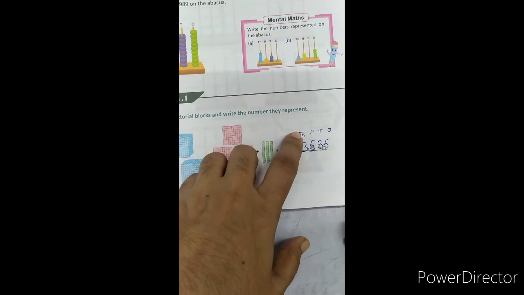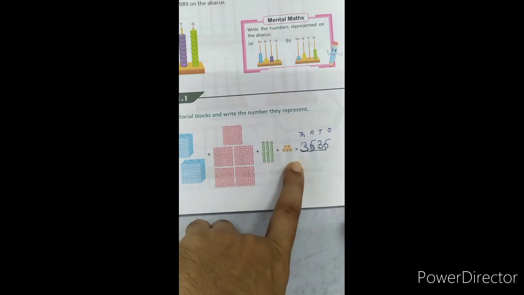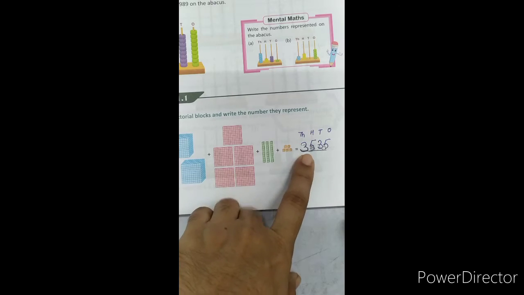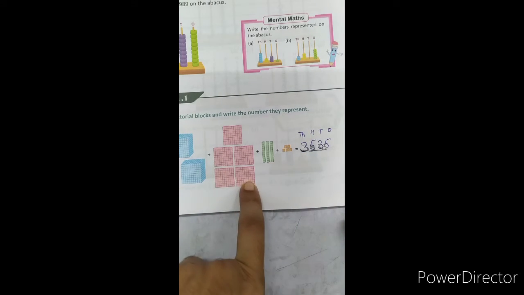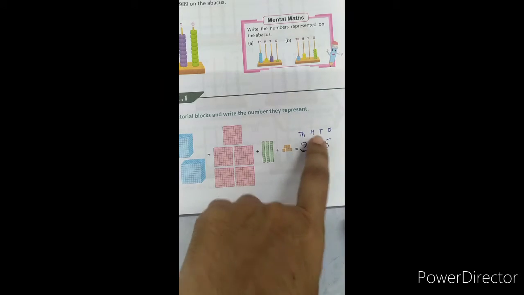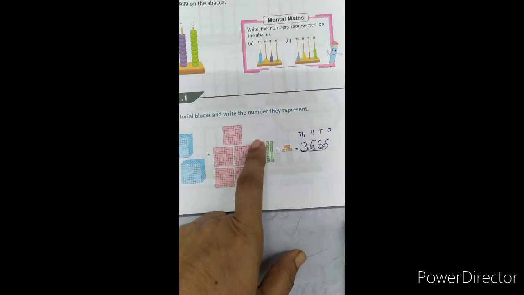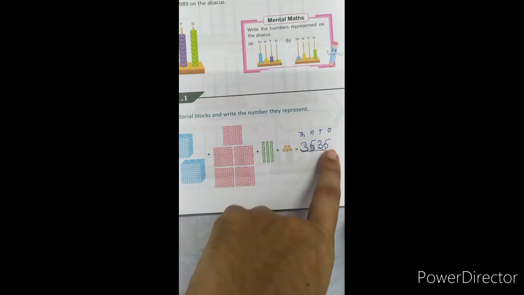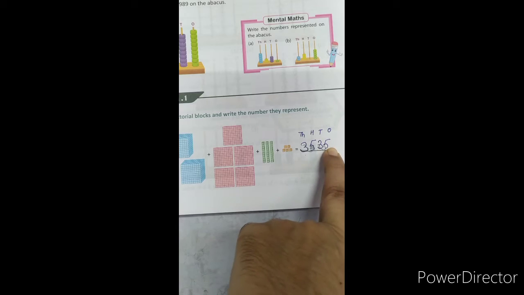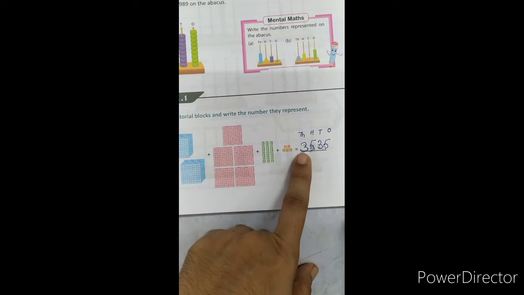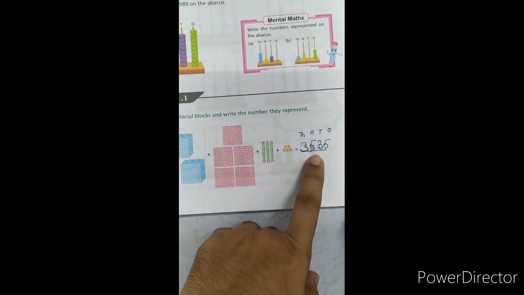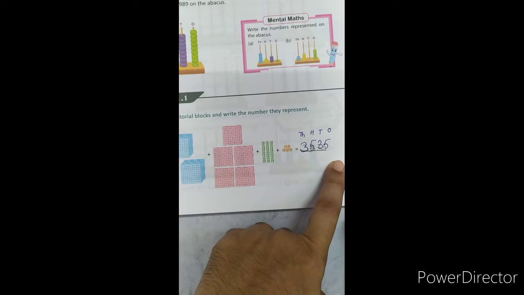In the 1000 place you write the number 3. In the 100 place you write 5, because there are 5 slabs, each having 100 boxes. You have 3 in the tens place, because each bar has 10 squares, and then you have 5 ones. So the number is 3535.